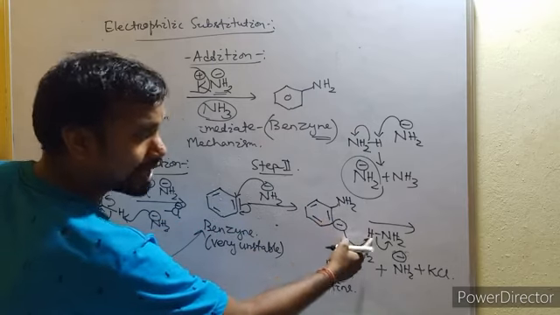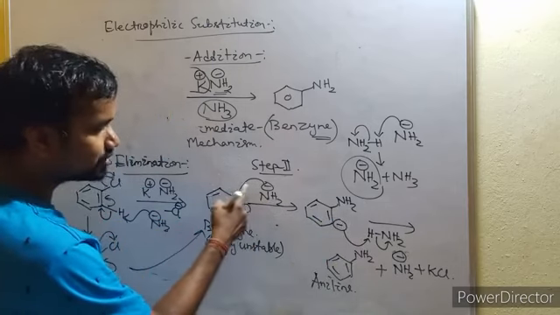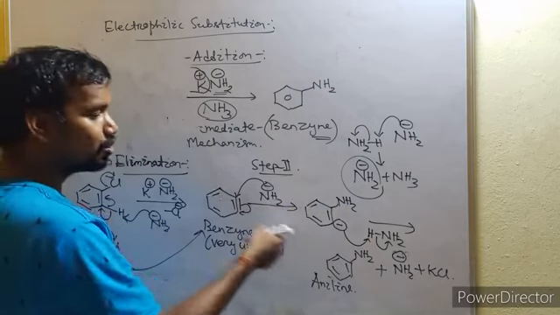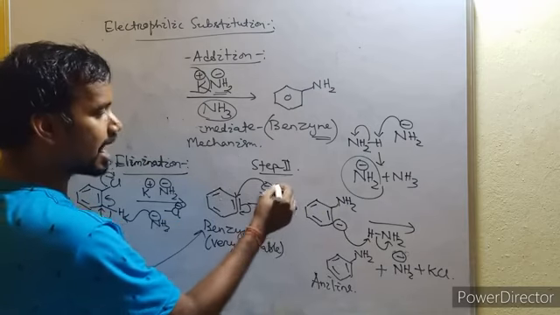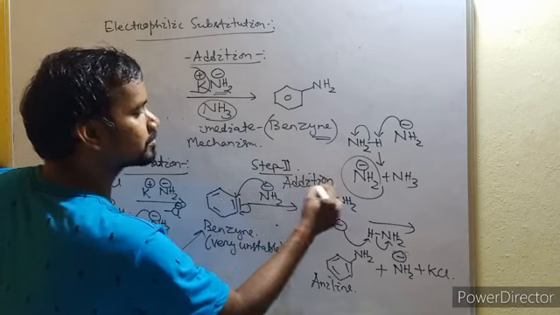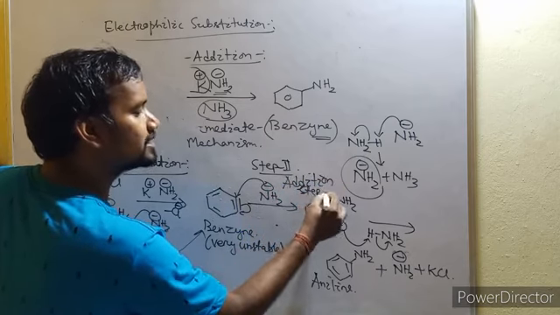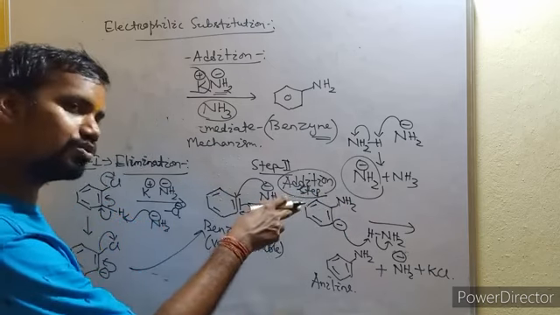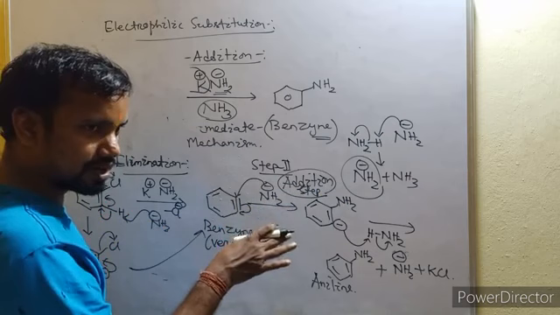As you are adding total NH3, see here NH2 is added, here H is added, means a whole NH3 molecule is added. So this is your addition step. Why it is called an addition step and not a substitution step, you now have the answer.